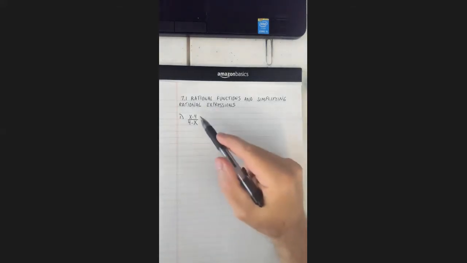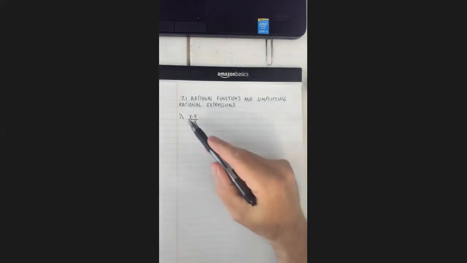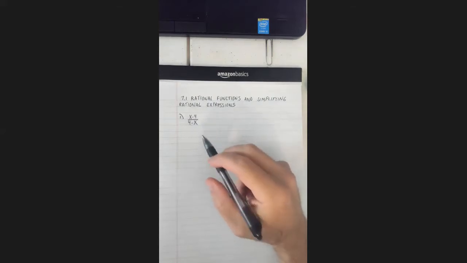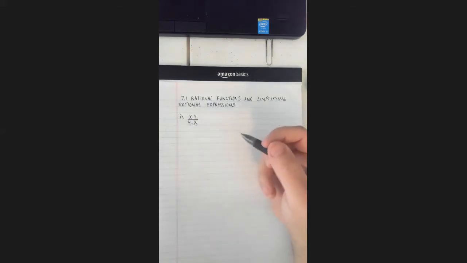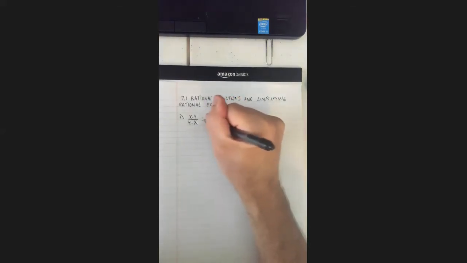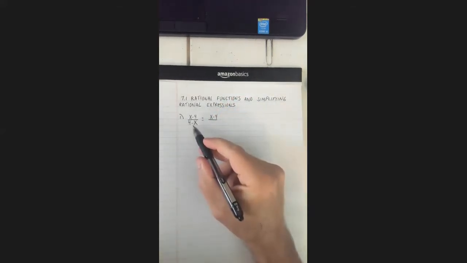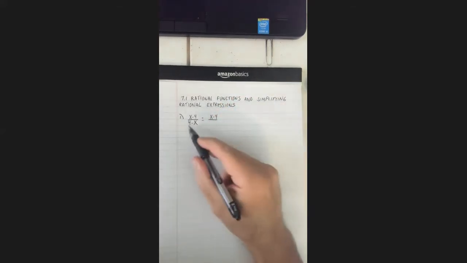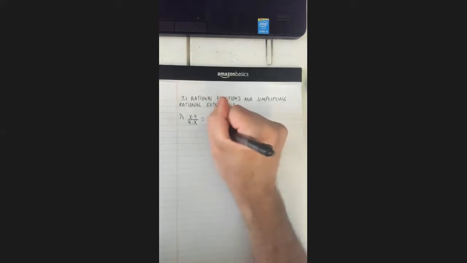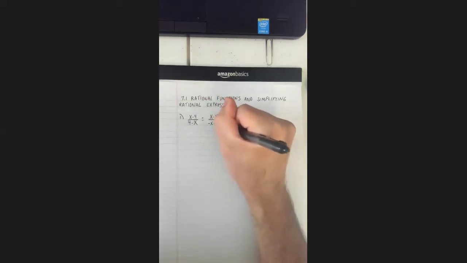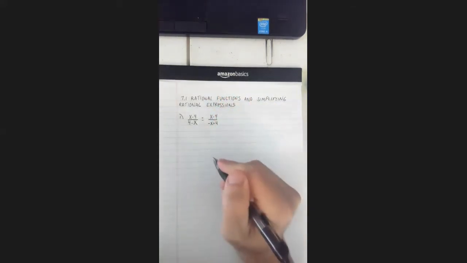First kind of fraction you're going to see, you may get a couple of problems like this, and they look very similar, but they're not exactly the same. So normally you do have that variable first. So if we rewrote this bottom part of the denominator, and I'm going to switch the x and the 4 around, it would look like this, negative x plus 4.